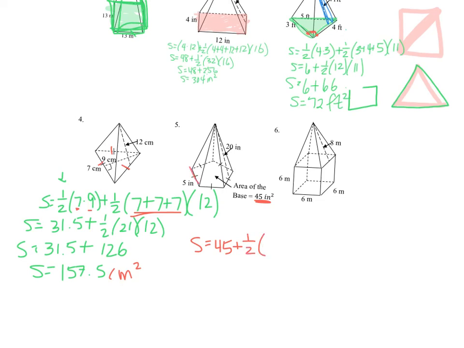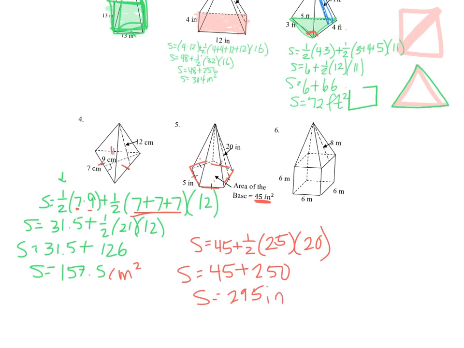Well, one of these is 5. It's a pentagon. All of them are exactly the same. So our perimeter is going to be 5 plus 5 plus 5 plus 5 plus 5, which is going to be 25. And then times your slant height, which is 20. So surface area equals, we're going to solve this, 40. That's not 40. That would be 45. So 45 plus 250.